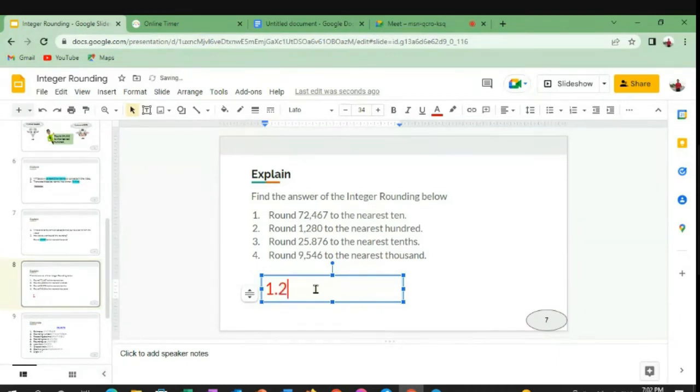In 1.2, the number 2 is called the decimal number, and the number 1 is called the whole number, and this point is called the decimal point. If we round to the nearest 10.